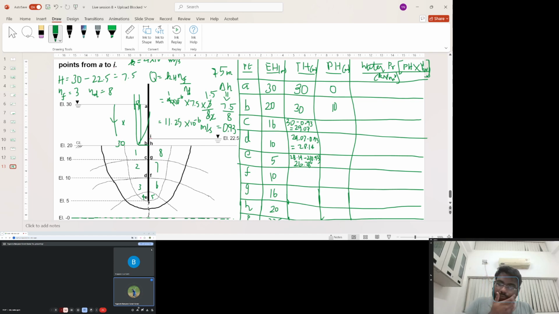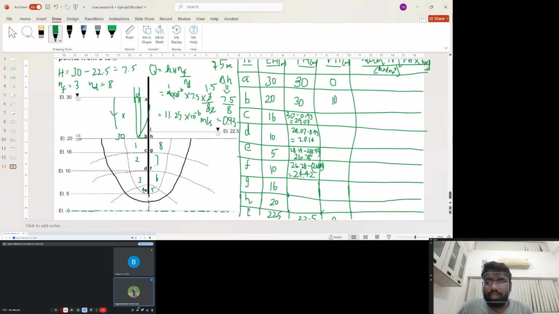Now coming to the fifth point, F. Again, the number of equipotential drops is 2, so again it will be 26.28 minus 2 into 0.93, which gives us 24.42.